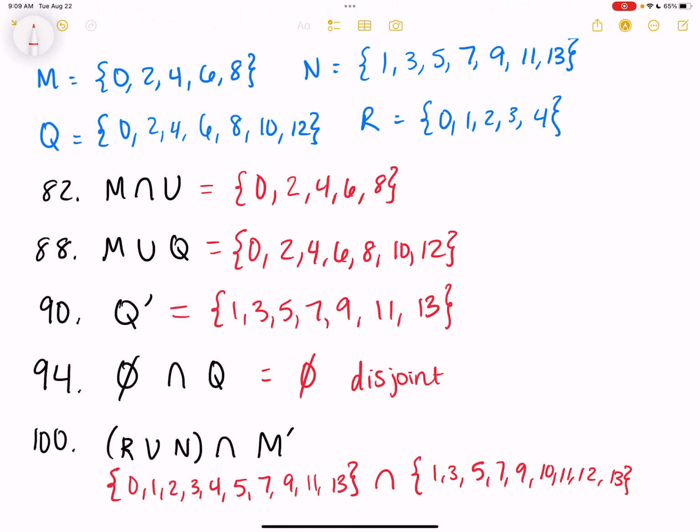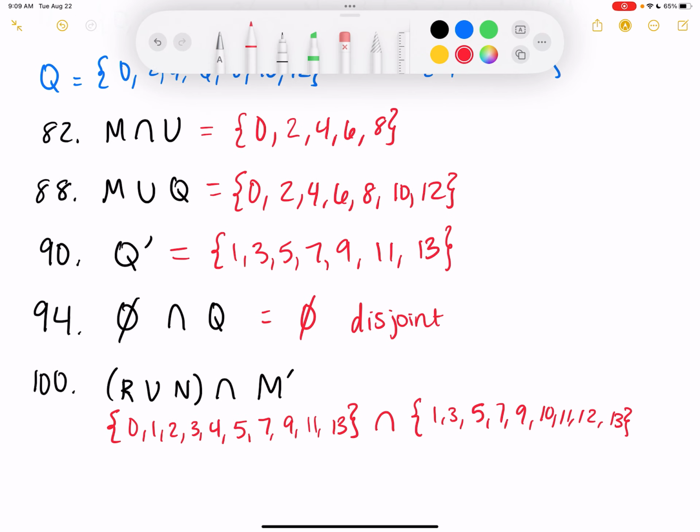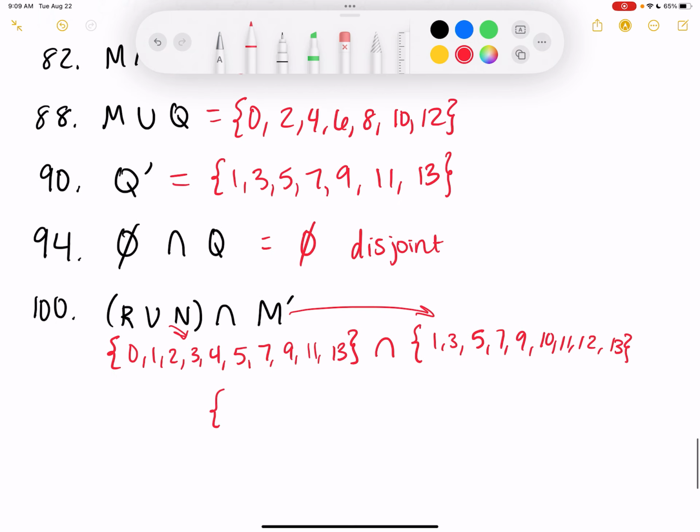Okay, throwing this back up here now. All right, so now we have, this is the union, that's the complement. So now I need the intersection of those 2 sets. Okay, so we've done each part individually. Now we can do the whole thing as a whole. So what is my overlap now for this?